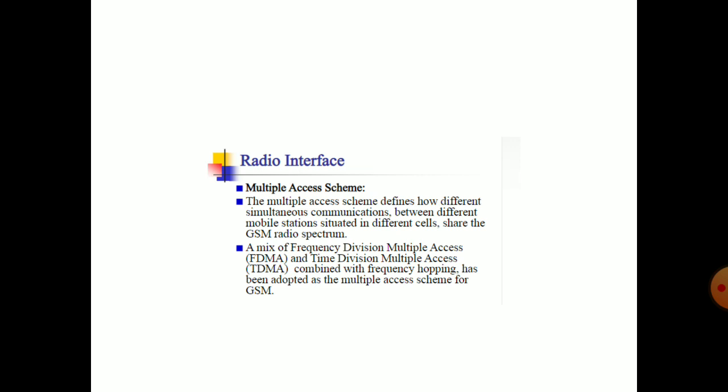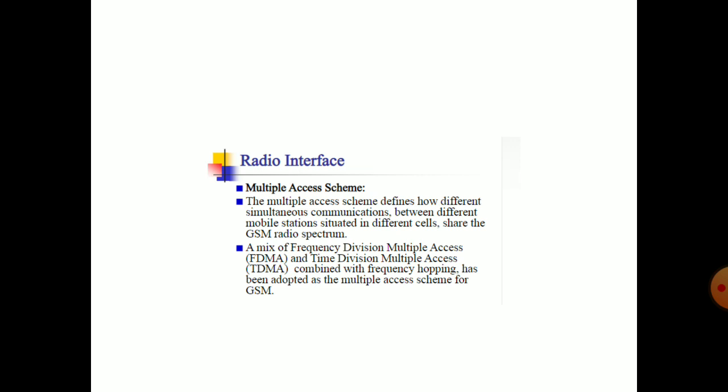Now I am explaining the multiple access scheme. It defines the simultaneous communications required between the different mobile stations situated in different cells. That is the main aim of the multiple access scheme.